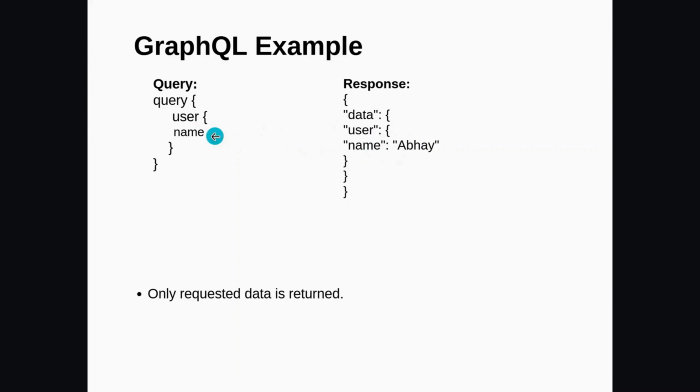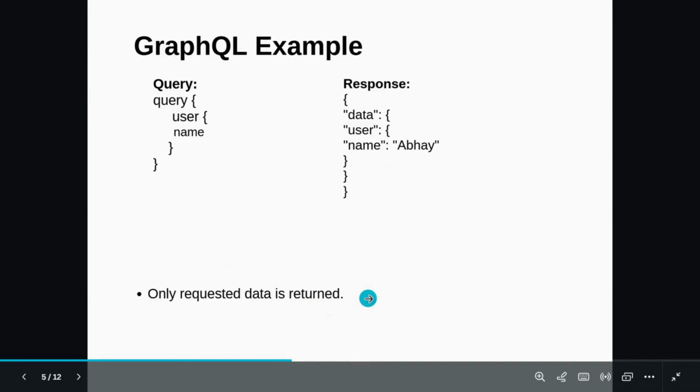Whatever we decide in the query, only that data we get in the response. That's the biggest benefit of GraphQL. I hope you understand what I am talking about. In the REST API we receive all the details, but in GraphQL we receive only the details required by the front end. Only requested data is returned.